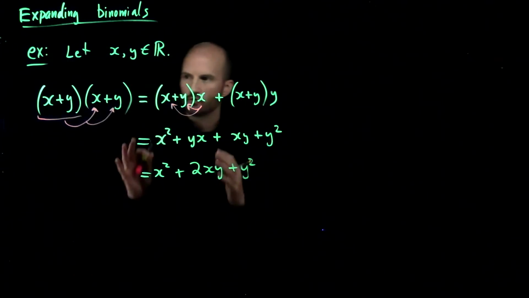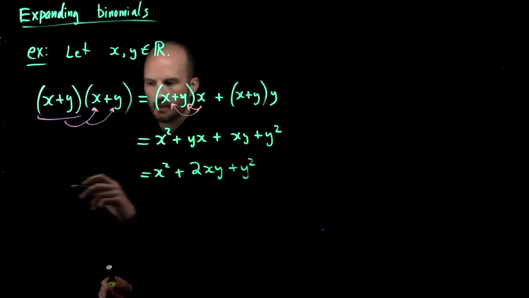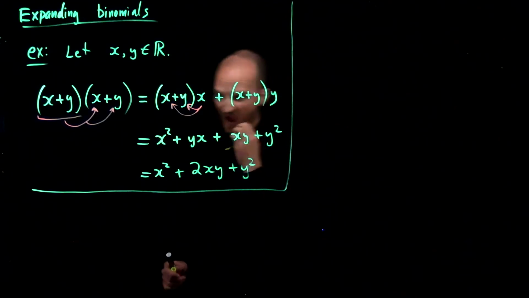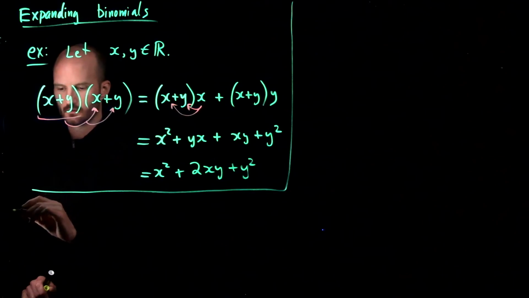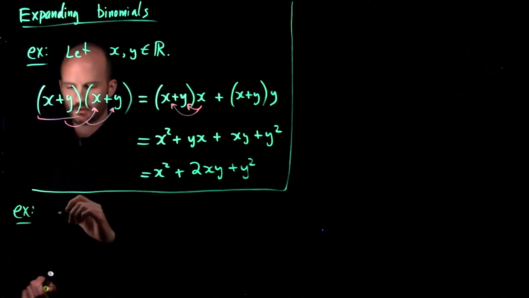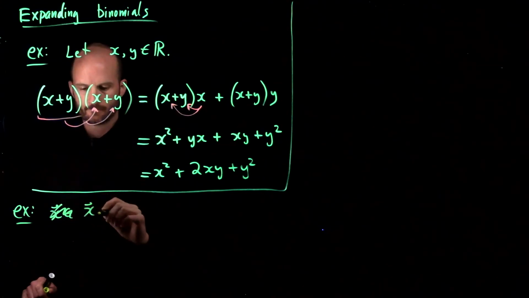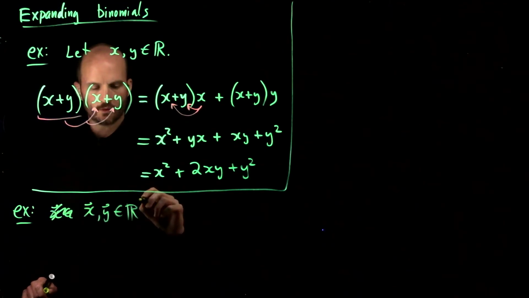Okay, the main thing I want you to remember is the distribution here, because we're going to do this type of expansion in a different land, a different neighborhood. Let's consider x, y in R^n.